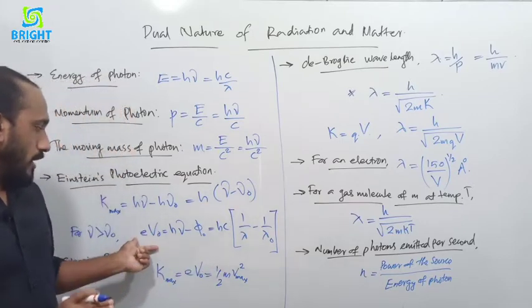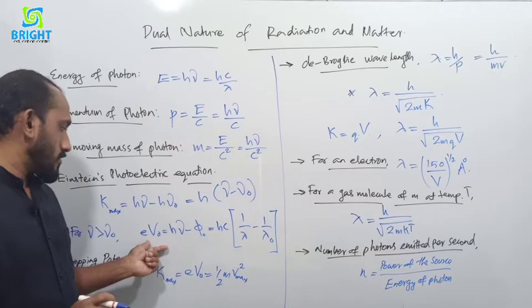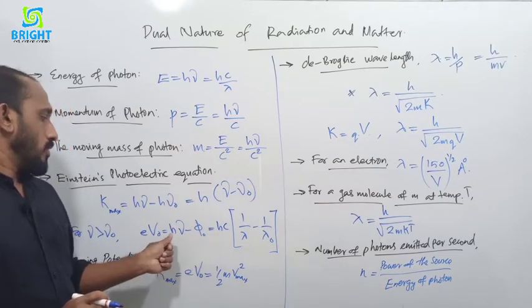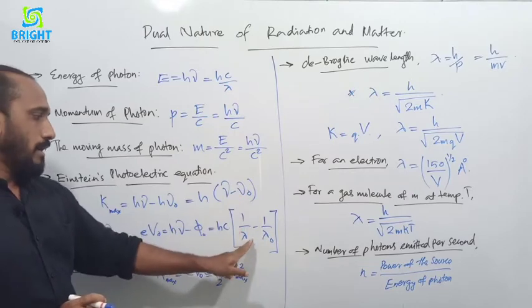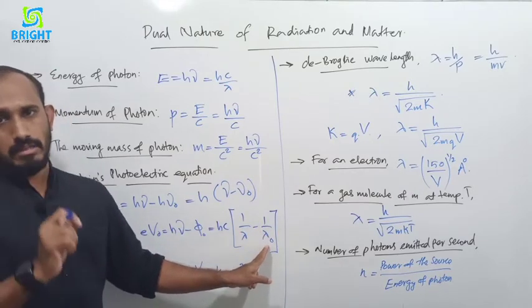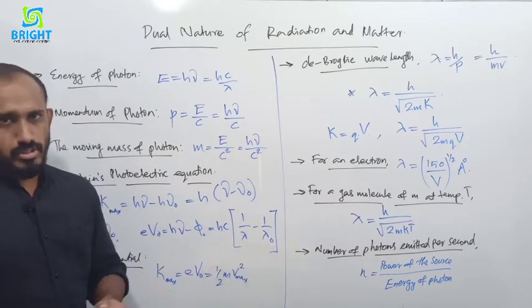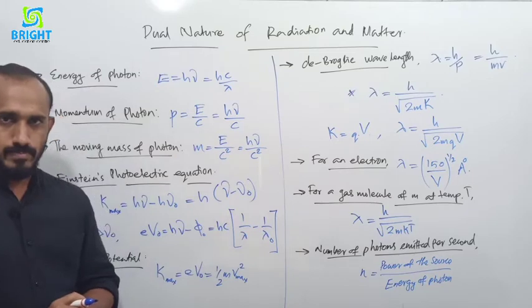E into V0 is equal to h nu minus phi 0, where phi 0 means the work function. Nu you can write as c by lambda, so hc into 1 by lambda minus 1 by lambda 0, where lambda 0 is the threshold wavelength. Suppose a question comes to find the threshold wavelength, then you can use 1 by lambda 0.